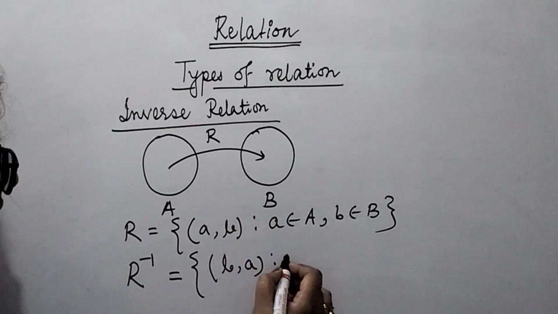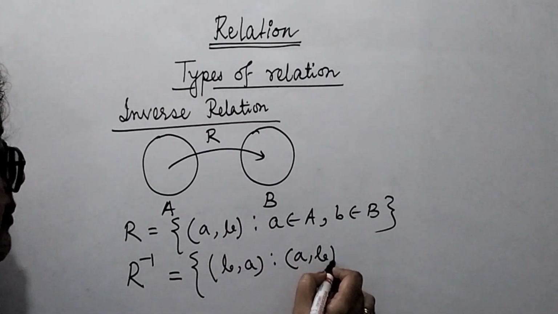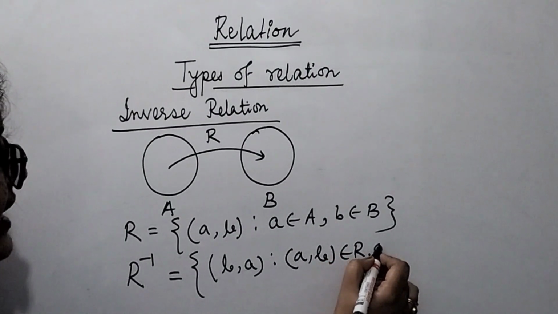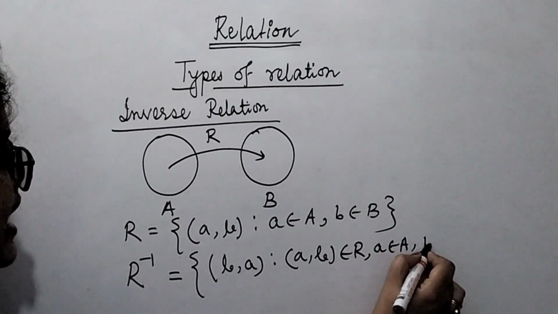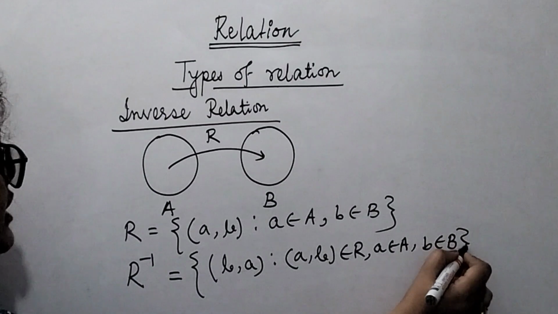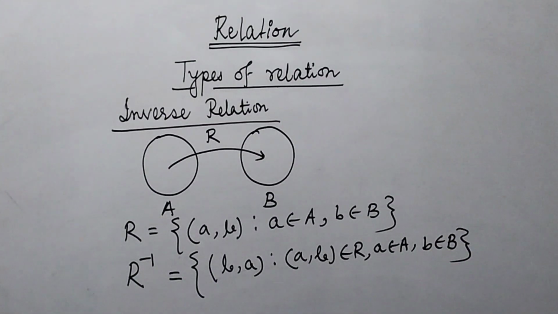So we get (b, a), where (a, b) belongs to R, where a belongs to the set A and b belongs to the set B. So this is the definition of the inverse relation of a particular relation.